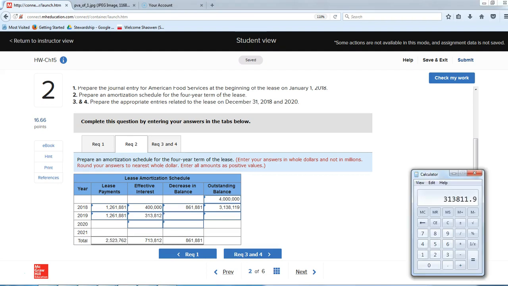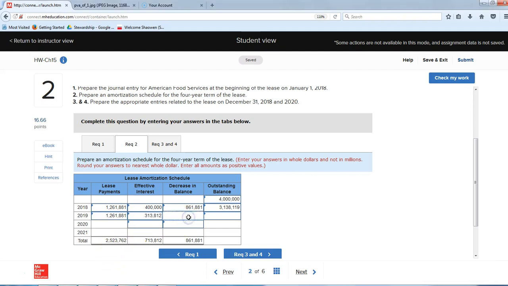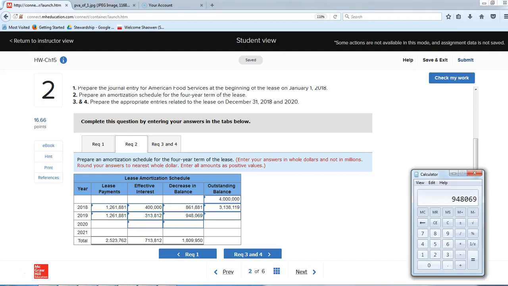And therefore, the difference between the rental payment and effective interest is the amount by which we will decrease the outstanding balance. So my previous balance minus 948,069, the new balance becomes 2,190,050.